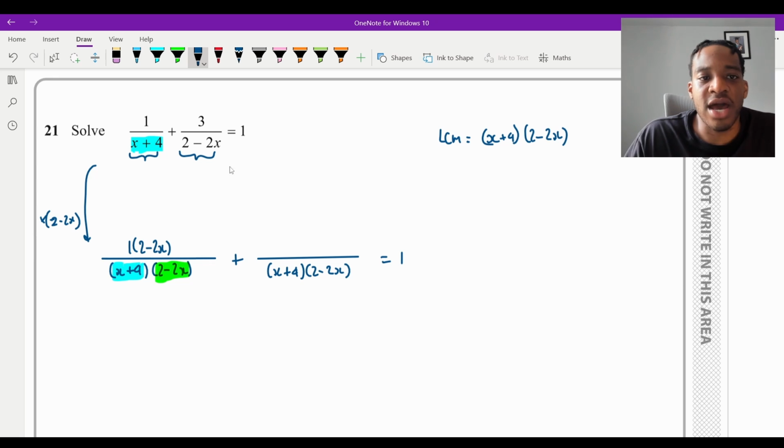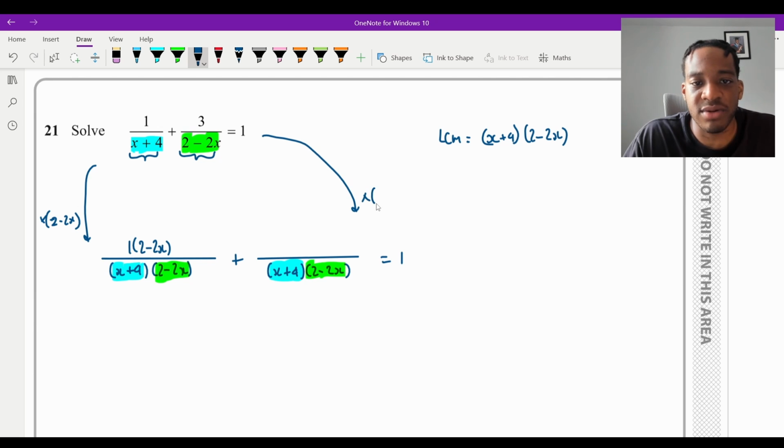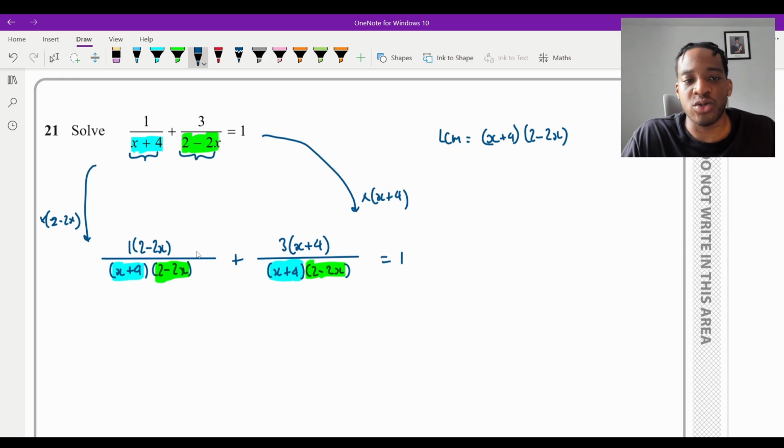And then now, for the second one, we've got a 2 minus 2x here, which we have here as well. But we can see that there's now an x plus 4, meaning that we have to multiply the numerator by x plus 4 as well. And that would mean I have a 3 bracket x plus 4, like this. Okay, so we're here.